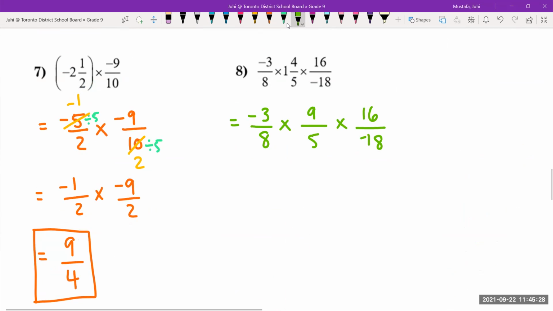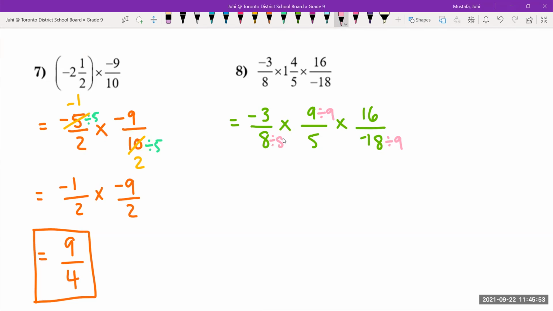Aritra, do you want to just also help me with the cross reducing? So find a pair of numbers that we can reduce. Good, what can I divide those by? Good, so 9 divided by 9, -18 divided by 9. And then there's one more pair of numbers that you can reduce. What can I divide those by?